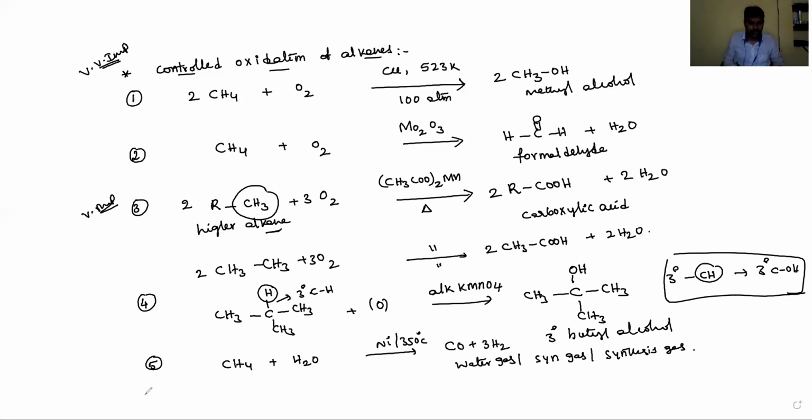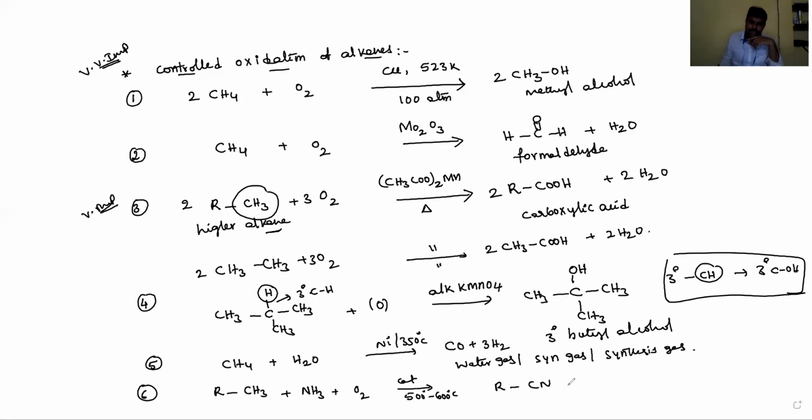One more controlled oxidation of alkanes: you have to take higher alkanes that react with ammonia and oxygen and produce alkyl cyanides. For example, RCH3 treated with ammonia and oxygen, in the presence of catalyst at 500 to 600 degrees centigrade temperature, forms RCN.